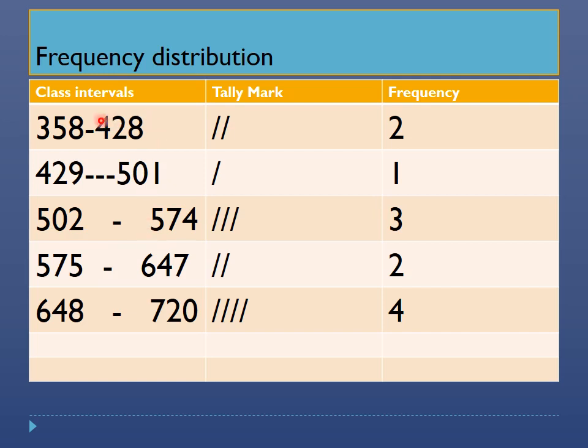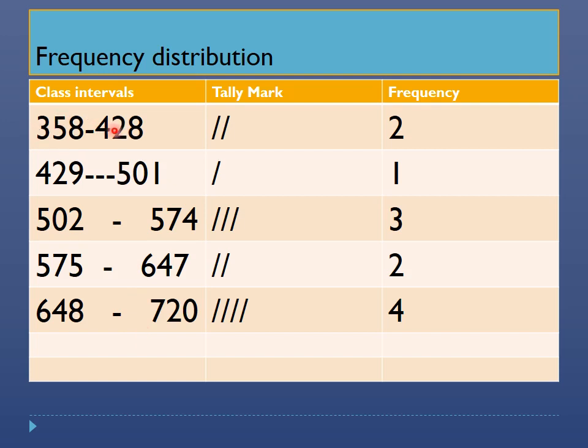Students, just remember our width of a class or group was 73, and in all the classes that size should remain the same. 358 to 428, 429 to 501, 502 to 574, and applying that same width 73, 575 to 647, 648 to 720. First we prepare all these class intervals.